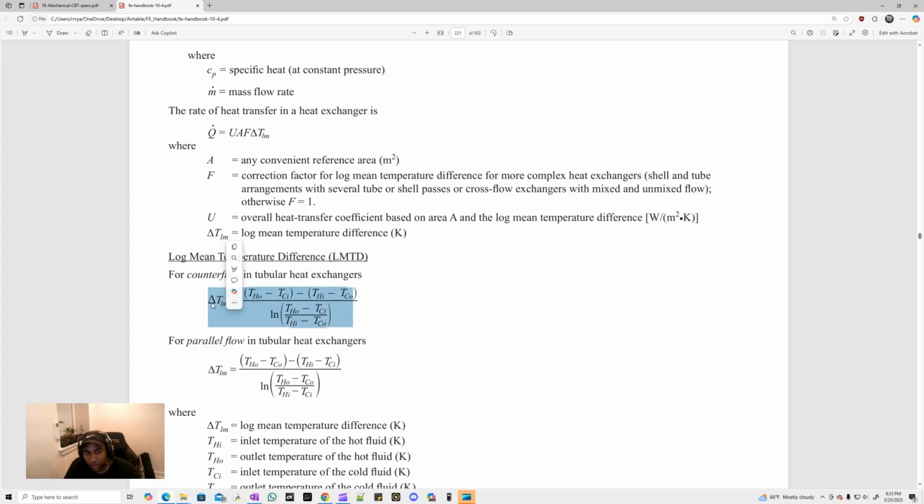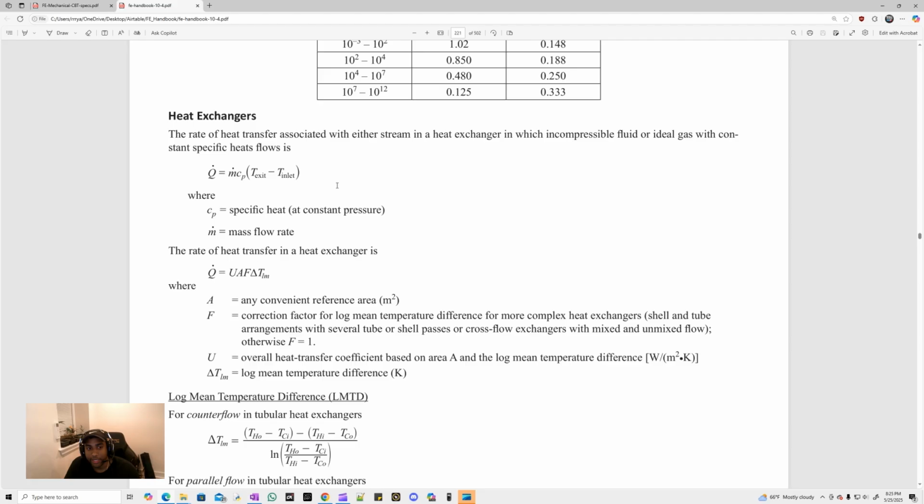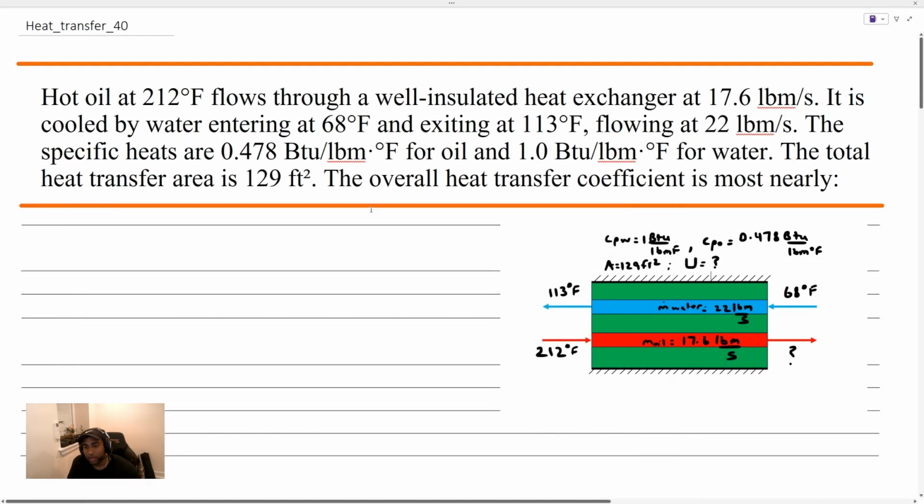And for the counterflow configuration, the log mean temperature difference is a function of your inlet and outlet temperatures. If you recall, we don't know the outlet temperature of the oil. Now, this is where the idea of energy balance comes in. Our goal is to find the temperature of the outlet of that oil, and the way we can find it is by energy balance.